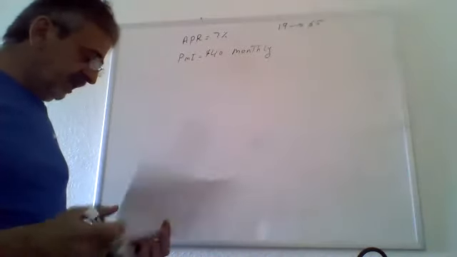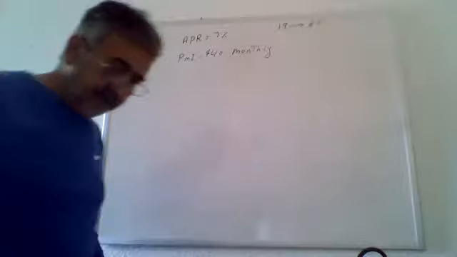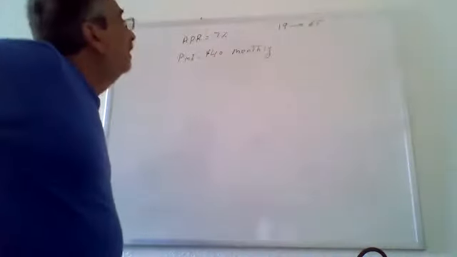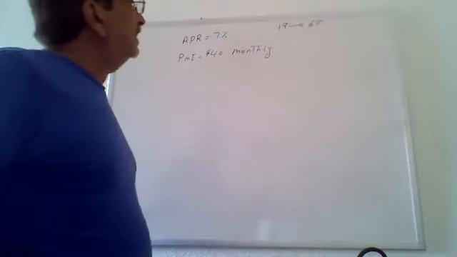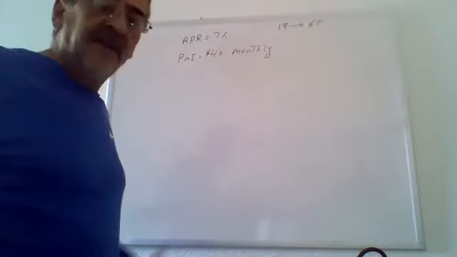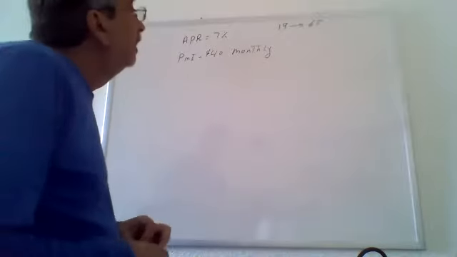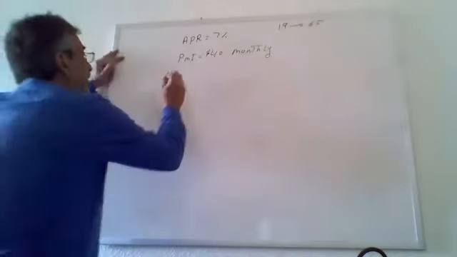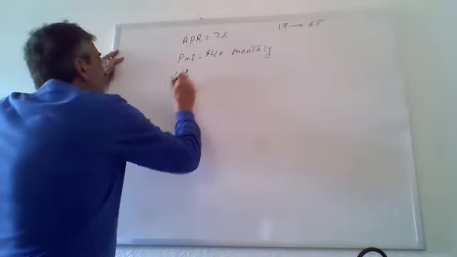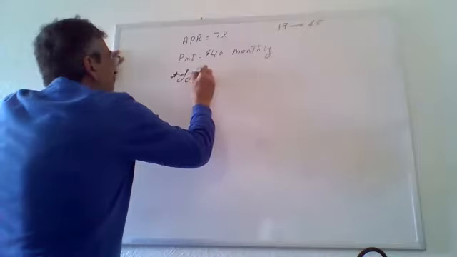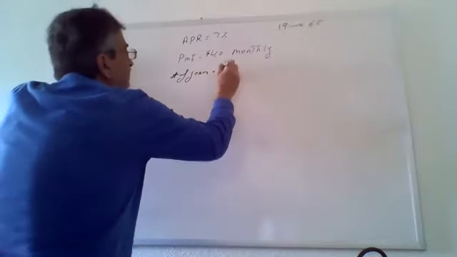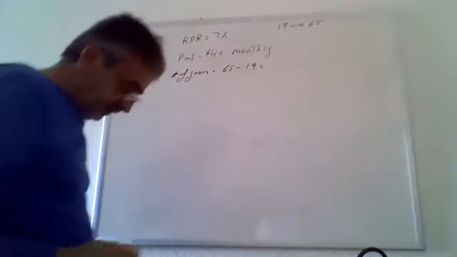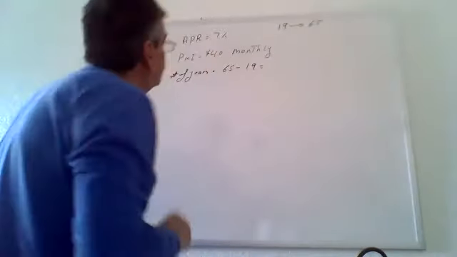So how do I figure that out? If he's 19 and he wants to retire at 65, how many years is he going to make deposits? So the number of years would be what? 65 minus 19, and that's equal to 46.